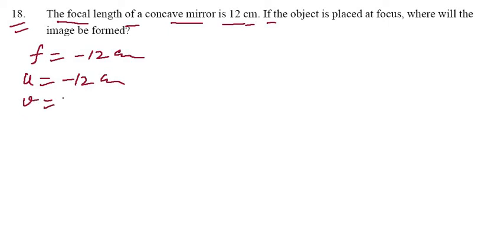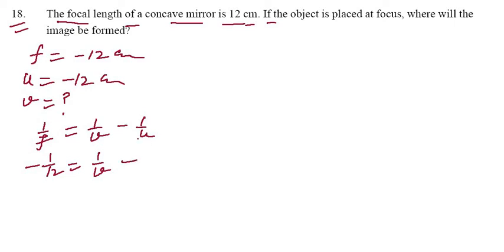So we want to find the image distance, that is v. So 1 upon f is equal to 1 upon v plus 1 upon u. Putting the values, minus 1 upon 12 is equal to 1 upon v plus, and here it is a mirror, so the formula has a plus sign, so that is minus 1 upon 12.